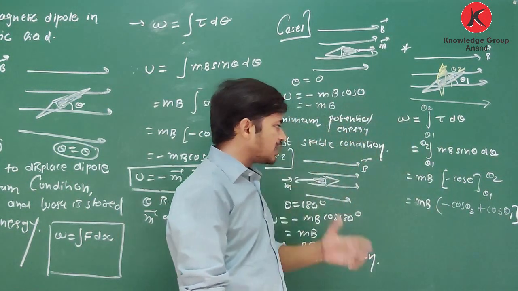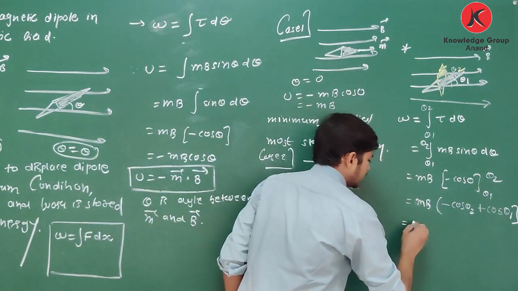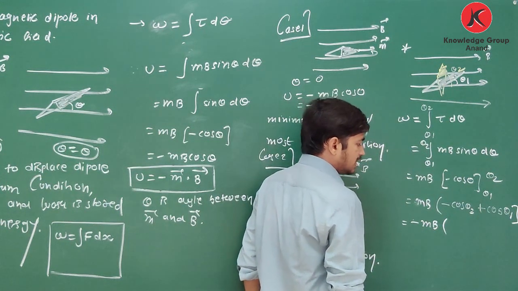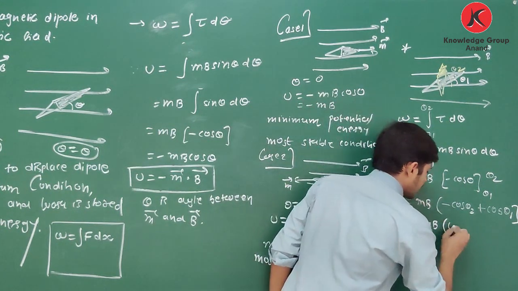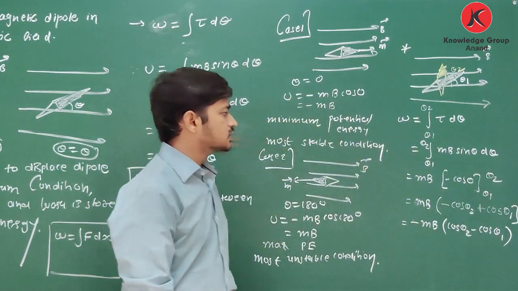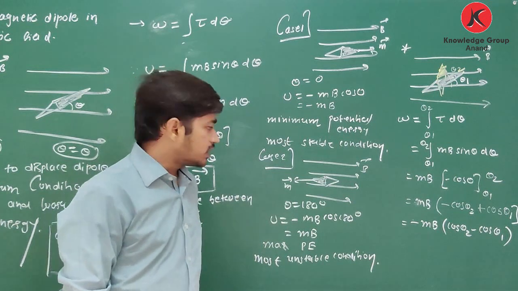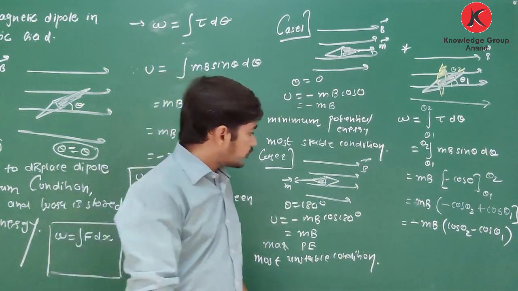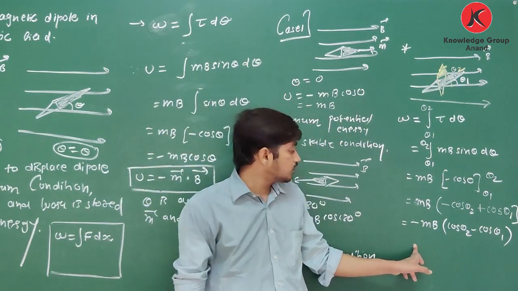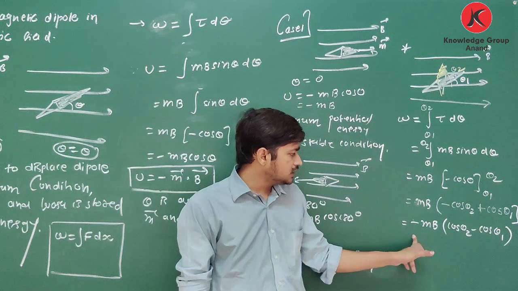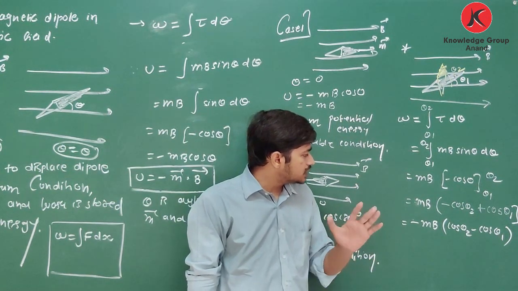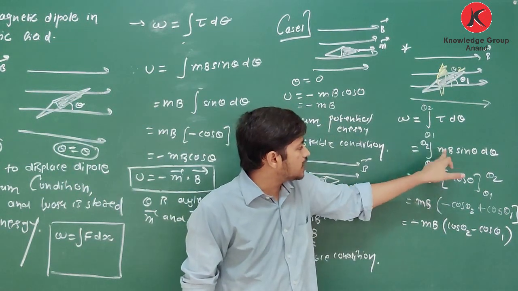So here I can write it is minus MB, and if you take this minus common, then it is cos theta 2 minus cos theta 1. Clear about this? Such an equation we have already discussed in chapter number 1 and 2. Any doubt?